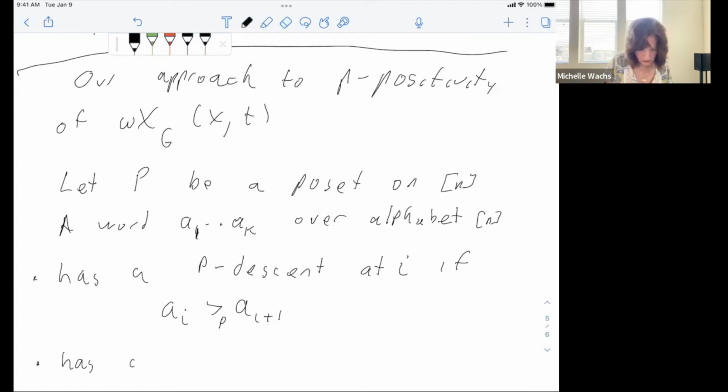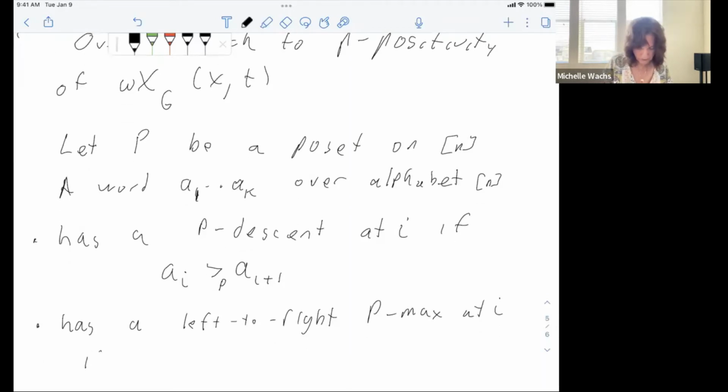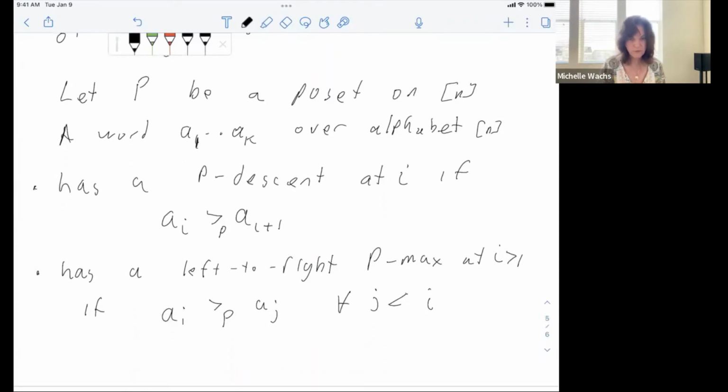Left to right P maximum at I, if A_I is bigger than A_J for all J less than I. And I want to say that I is bigger than 1, because of course, if I is 1, it's always a maximum, so I want a non-trivial left to right P maximum.